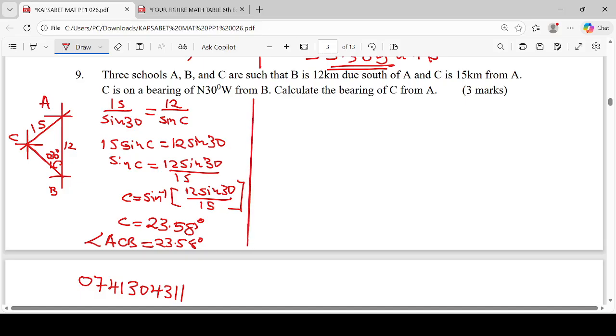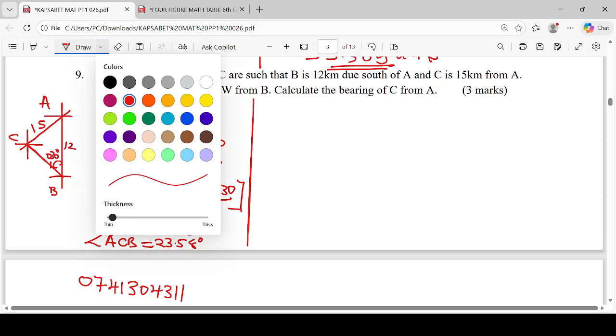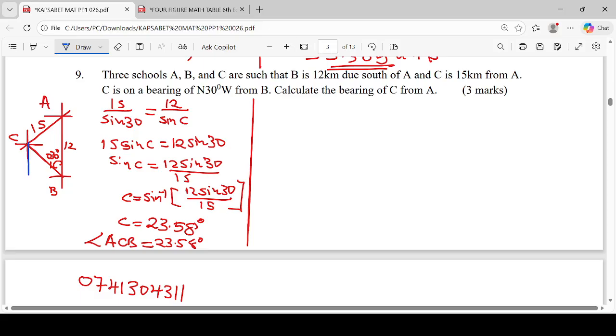Remember, you need to get the bearing of C from A. We are now going to apply a lot of principles here, and I'm going to incorporate the concept of alternate angles. If this angle here is 30, comparing that all the norths in a bearing are parallel, also this angle here should be 30 because it alternates with this angle.